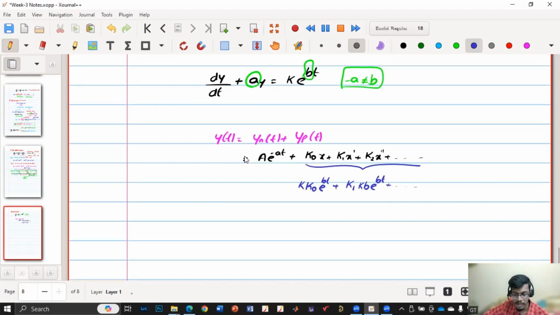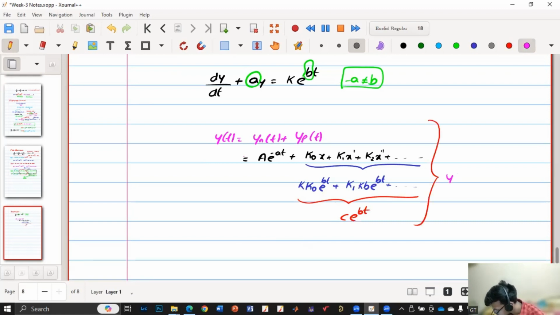It will always be there, right? Do you agree? So instead of writing all these terms, I can simply write some constant c into e to the power bt, right?